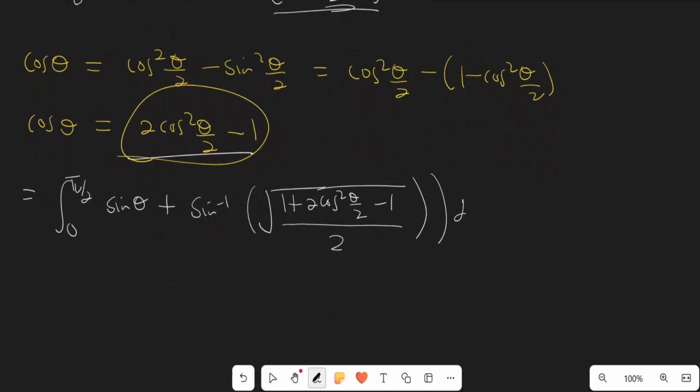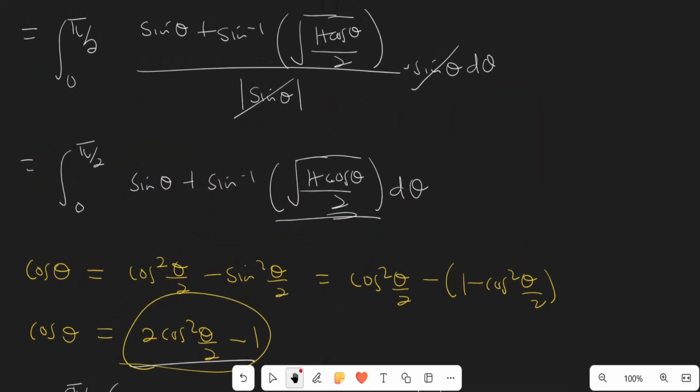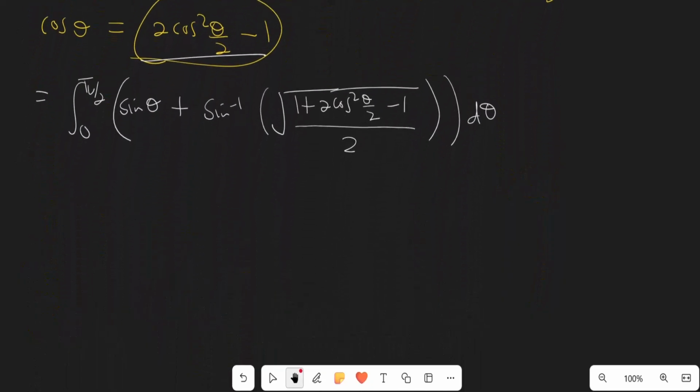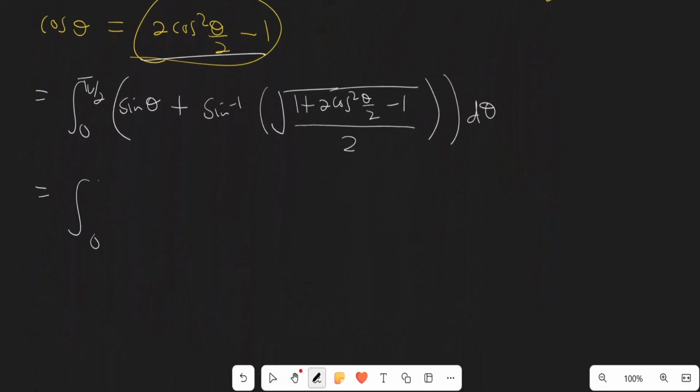All this d theta. So in the end, we have the integral from 0 to pi over 2 of sine of theta plus sine inverse. 1 and 1 will cancel out, and then the 2 also cancels the 2. So in the end, we have cosine squared theta over 2 in the square root, which is just cosine theta over 2, like this, d theta.